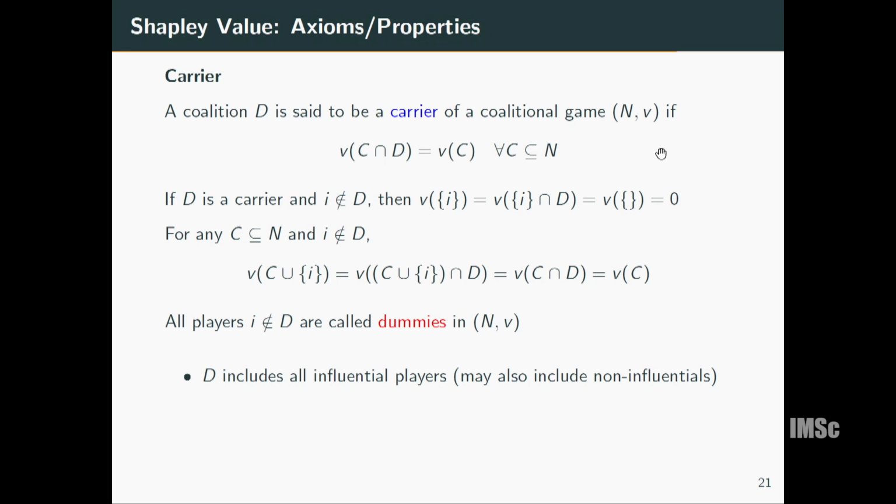It is not necessary that it happens, but if these kinds of agents exist, they are called dummy agents and the carrier axiom says the allocation to these dummy agents should be 0. They are redundant, they are not adding anything. This is called the third property, and Shapley values satisfy the carrier axiom.